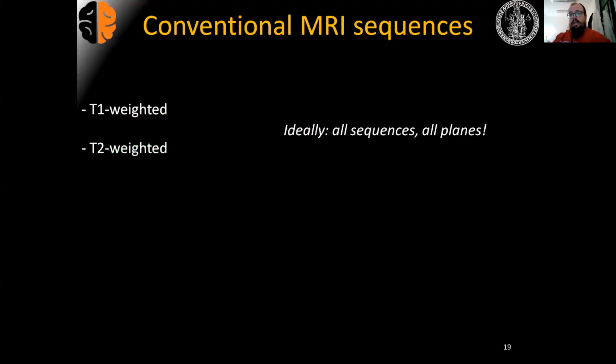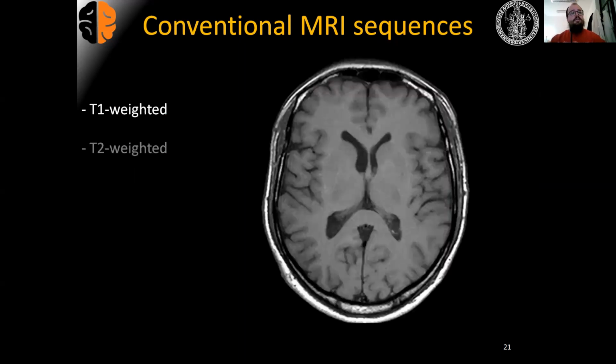Just a brief note before going through these two kinds of sequences. You must remember that ideally you should acquire all sequences, all planes, for a complete evaluation of the entire brain, and specifically, of course, of the cerebellum. So starting with the T1 weighted images, this is a typical T1 weighted image. You can recognize it from its contrast.